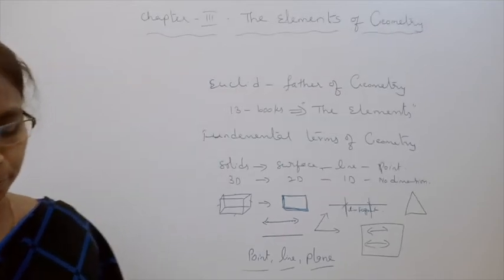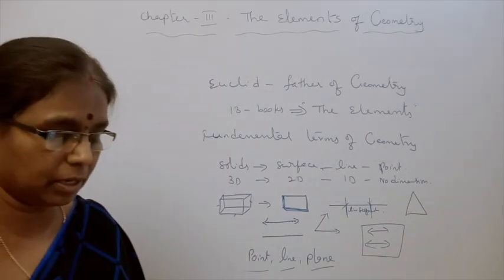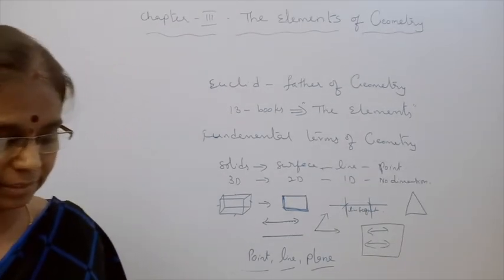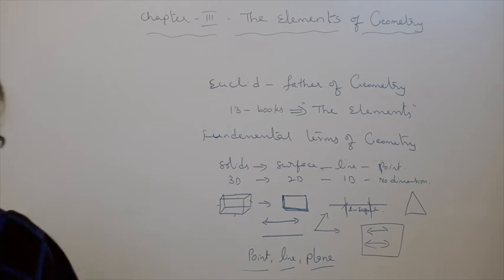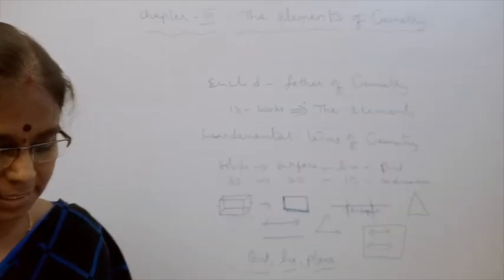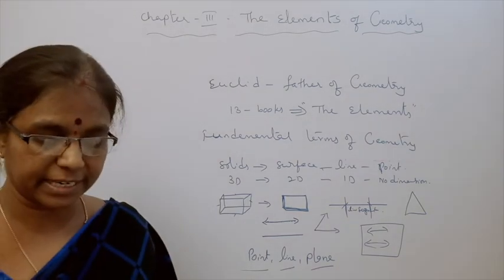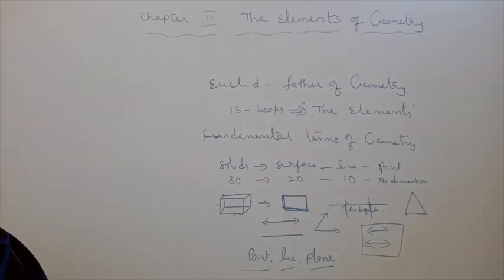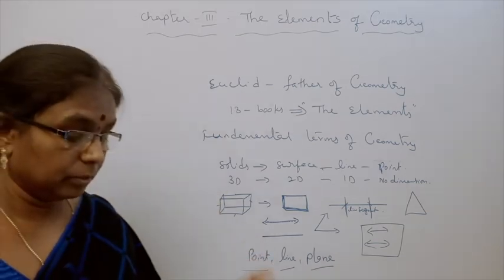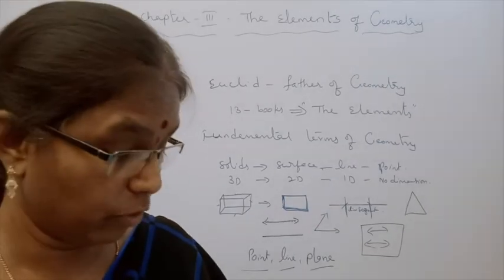Ends of the lines are points. A straight line is a line which lies evenly with the points on itself. A surface is that which has length and breadth. The edges of a surface are lines. A plane surface is a surface which lies evenly with the straight lines on itself, and a point is that which has no part. These are some definitions of Euclid's Elements, book 1.